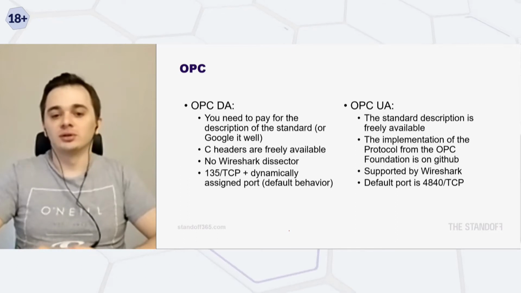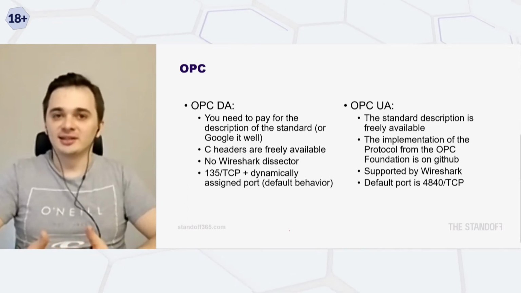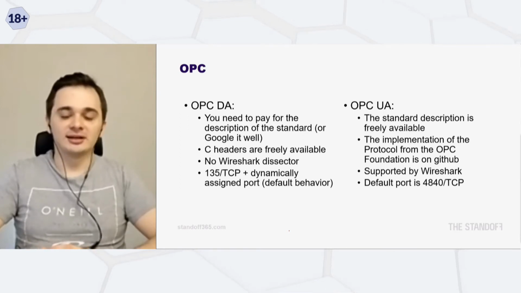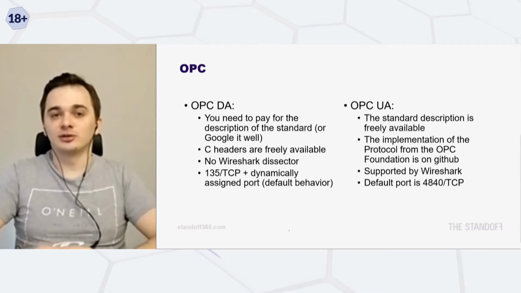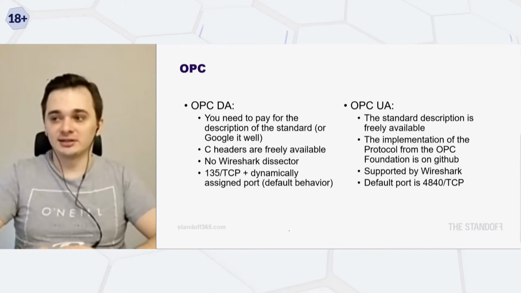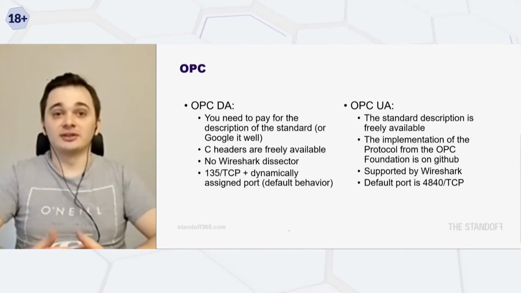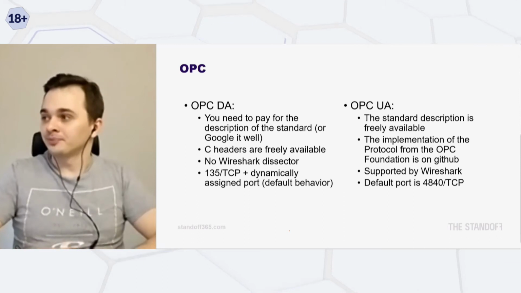In terms of other differences, because there is no description of the standard and because it's DCOM related, there is no Wireshark dissector, and it also uses 135 TCP as the assigned port. And C headers are also freely available. Going back to ports, a dynamically assigned port can also be assigned to OPC DA.